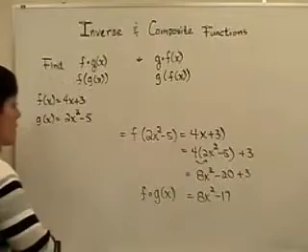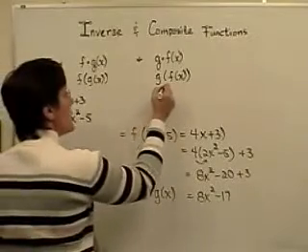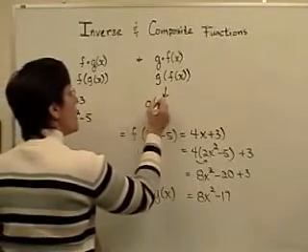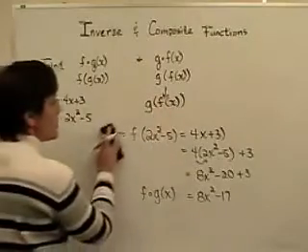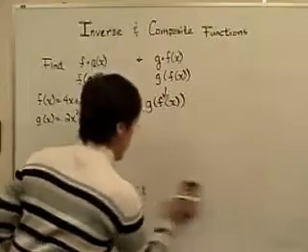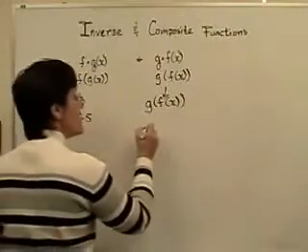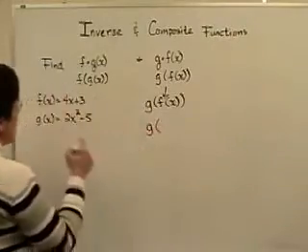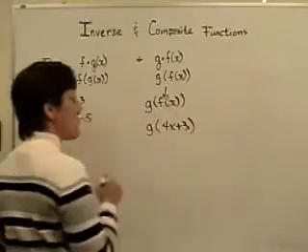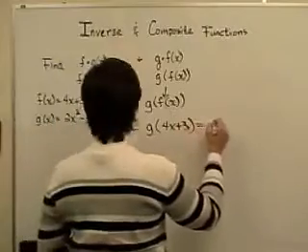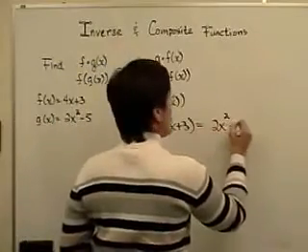So, if I were looking for now g of f of x, I have to substitute into g the expression 4x plus 3, which is f of x. I have to substitute that into 2x squared minus 5.